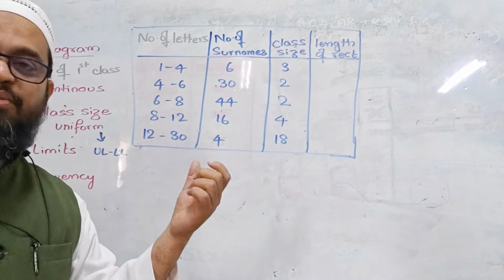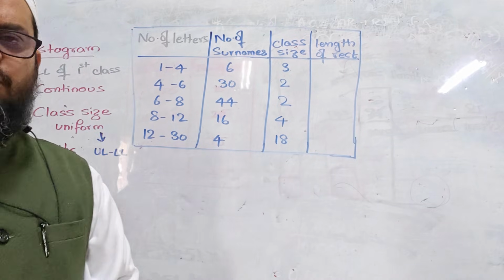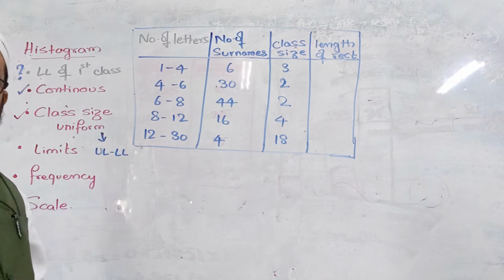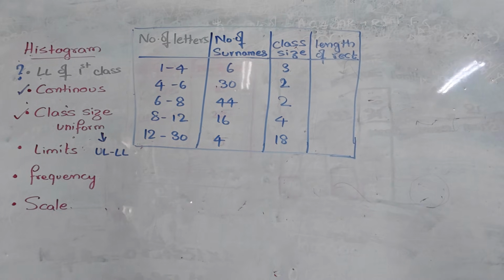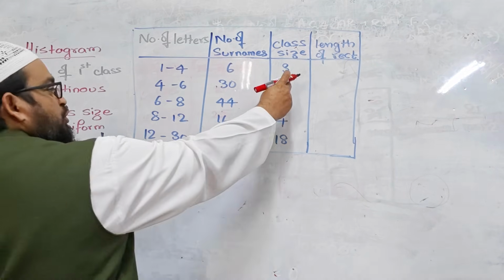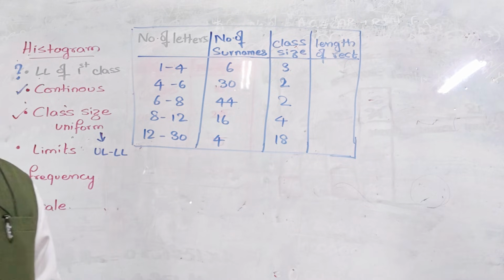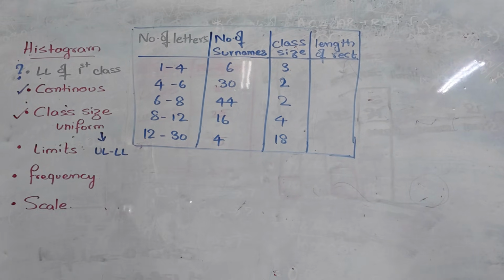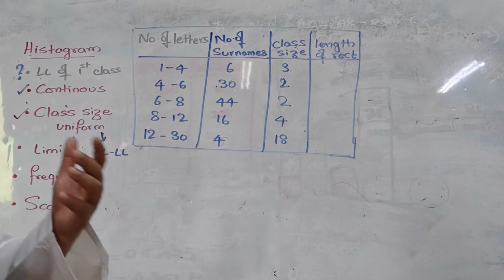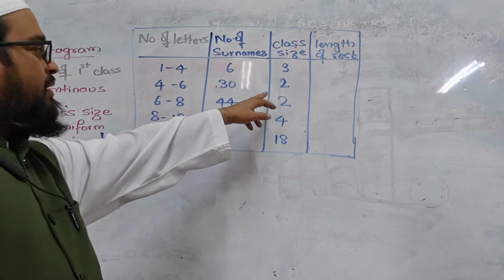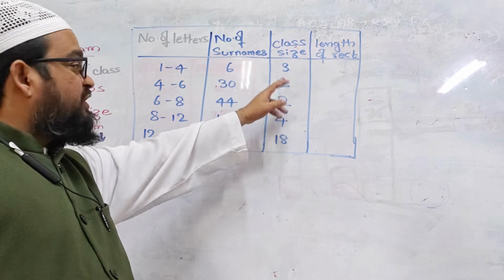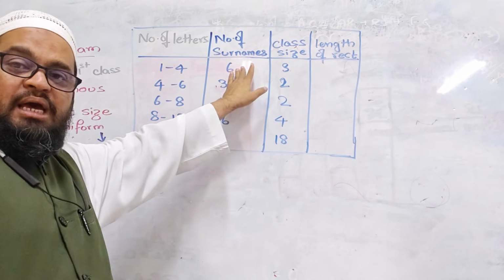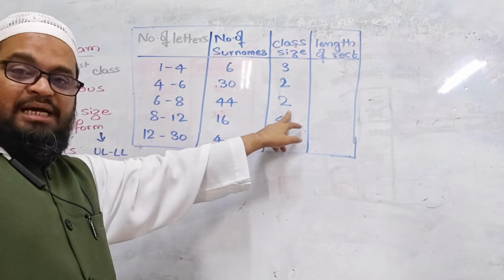Here, take the minimum class size. What is the smallest class size here? 2. Understood or not? So let us now make it proportional to the class size 2. Here the smaller class size is 2, so we have to make the frequency proportional to this class size.